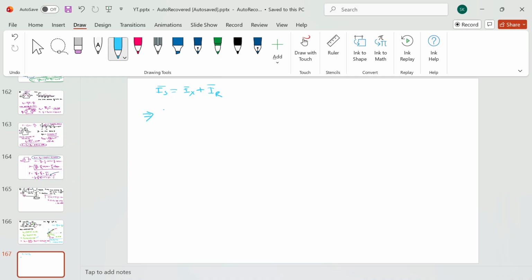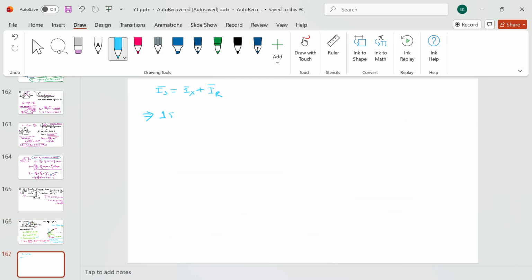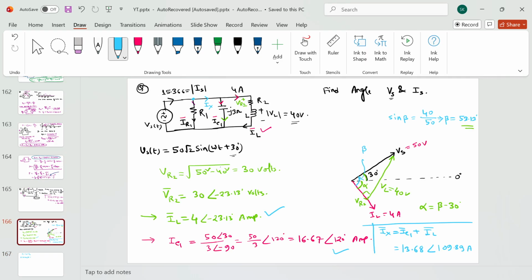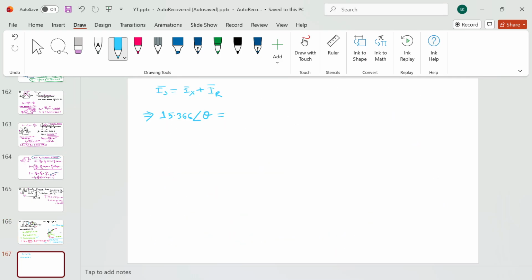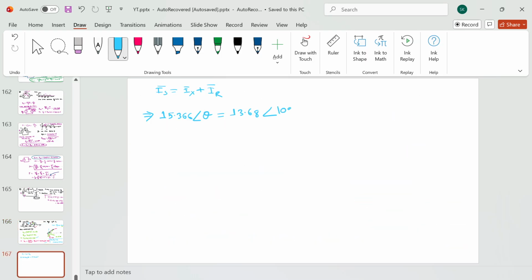For Is phasor, I know the source current as 15.366 ampere. Let me call this angle as theta because we know the angle. And Ix phasor is simply 13.68 at an angle of 109.89 plus IR1 phasor.